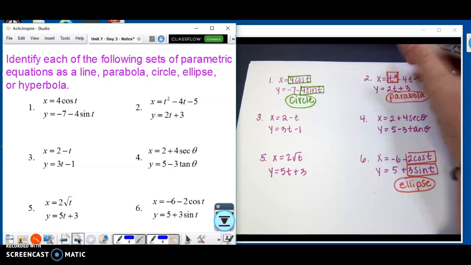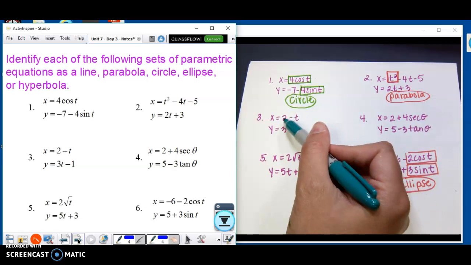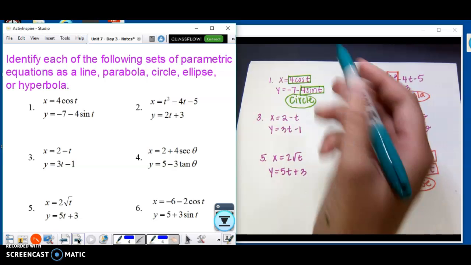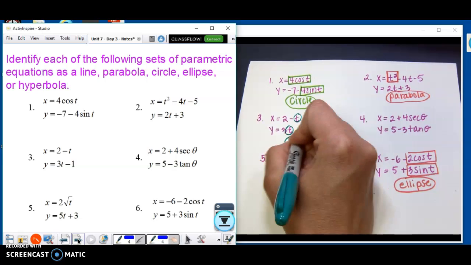If it didn't have that t squared, it would have been a line. So looking at number 3, there's no trig functions here, but we have just 2 minus t and 3t. So because these are just single t's here, this is going to be a line.